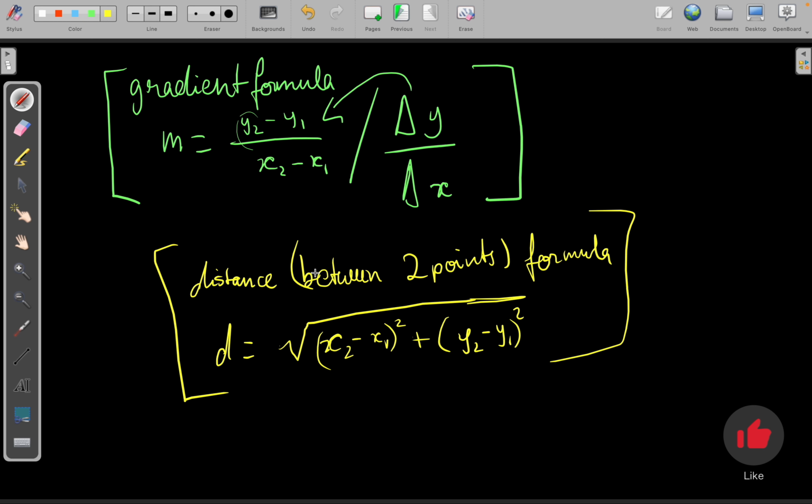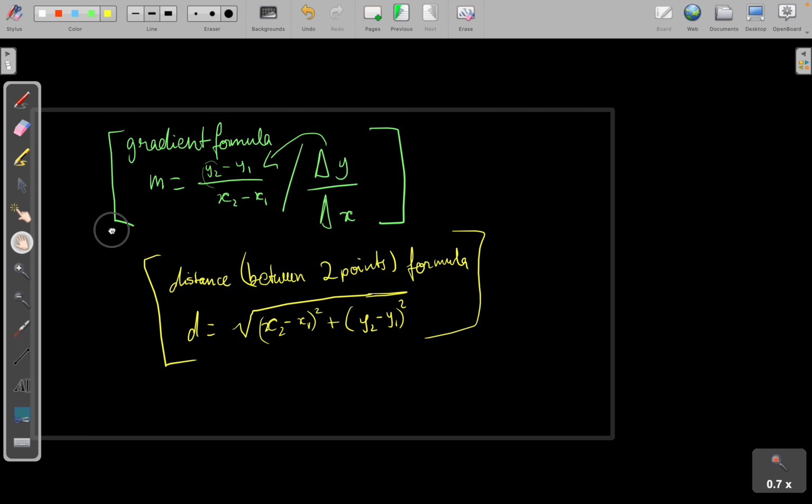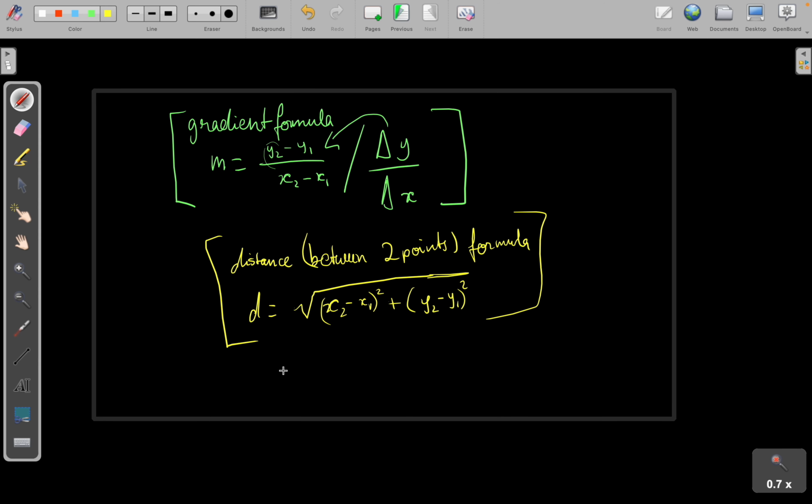And finally we have the midpoint formula, which is midpoint. I don't actually know the variable of midpoint, but let's just call it midpoint for now. I'll clarify by the end of the video.